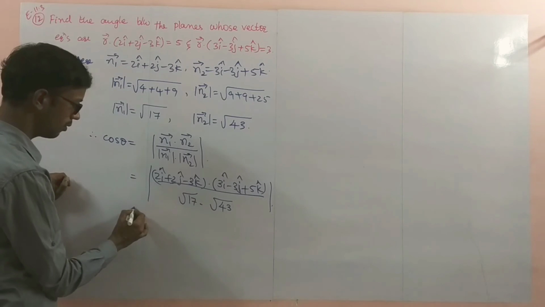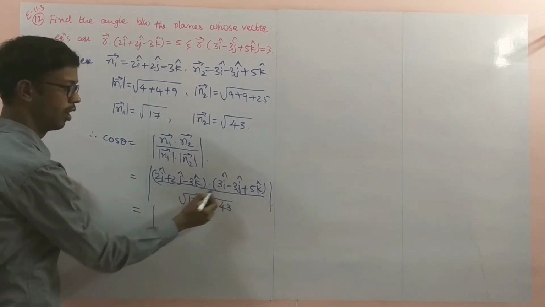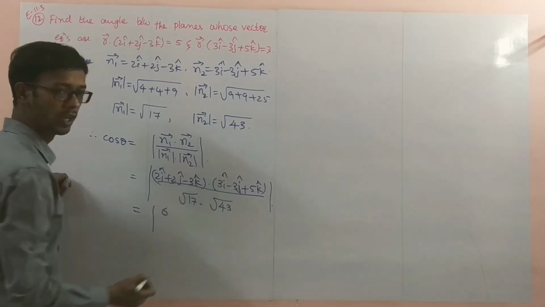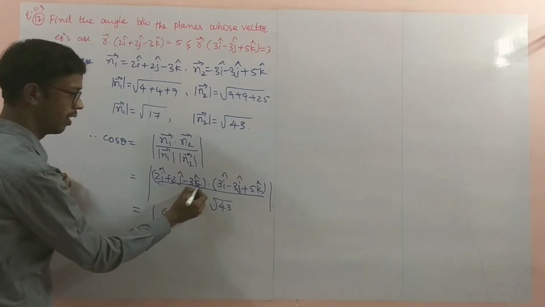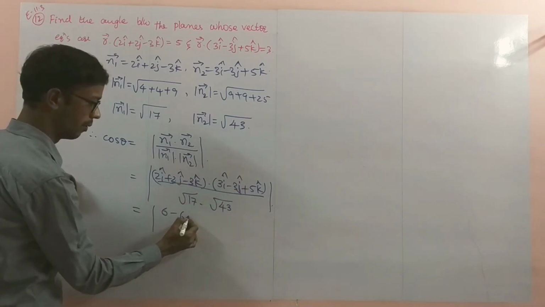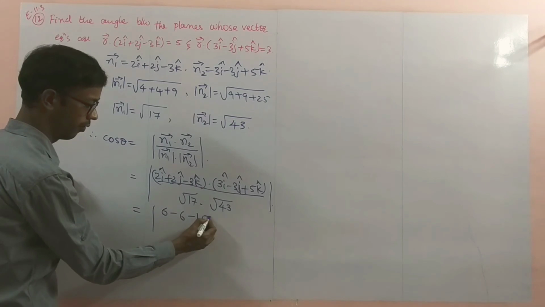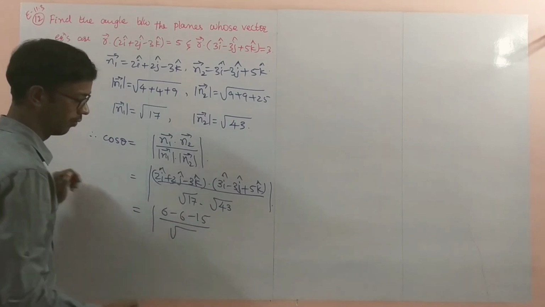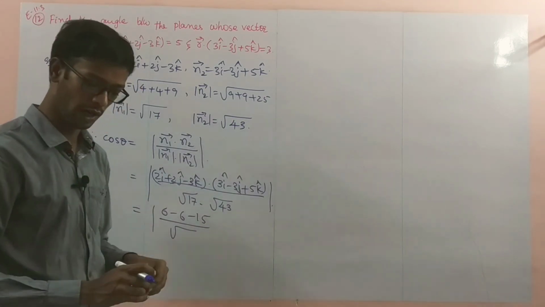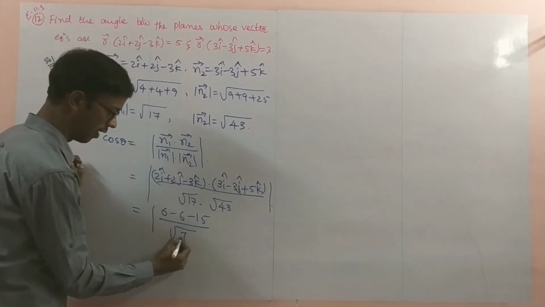Now, if you are making simplification, 2 into 3 is 6, 2 into minus 3 is minus 6, minus 3 into 5 is minus 15, so 6 minus 6 minus 15 is minus 15, by square root of, if you are multiplying 17 into 43, that is 731.